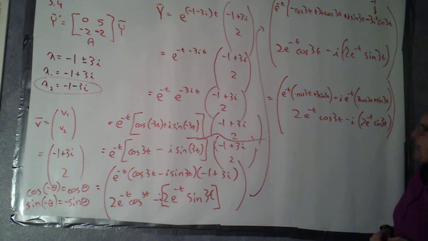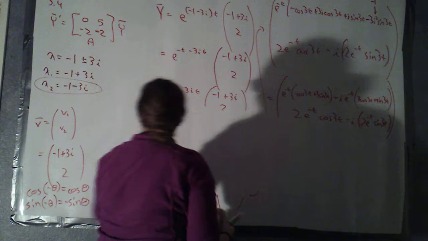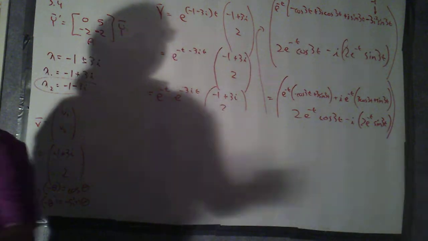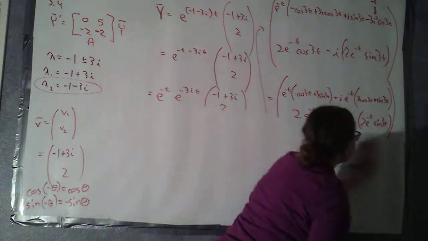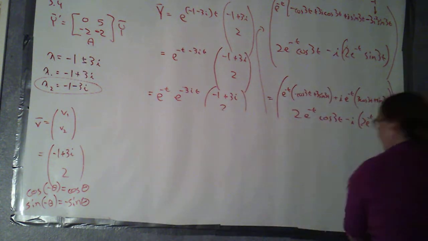Okay, excellent. I'm going to now do that at the vector level. I'm going to write this entire vector as the sum of a real valued vector function plus i times another real valued function.